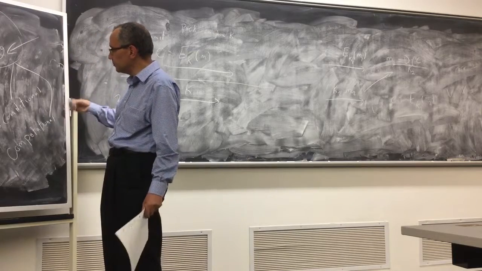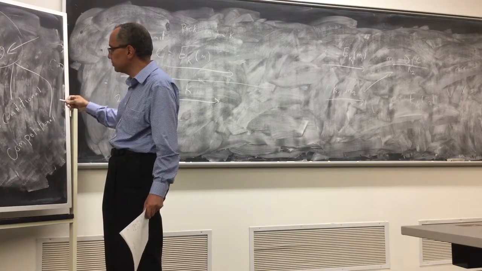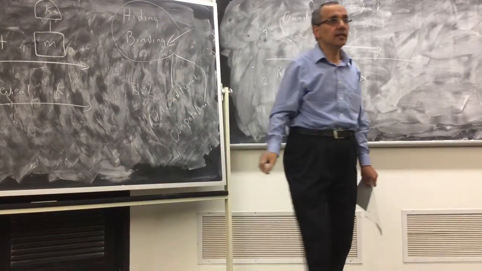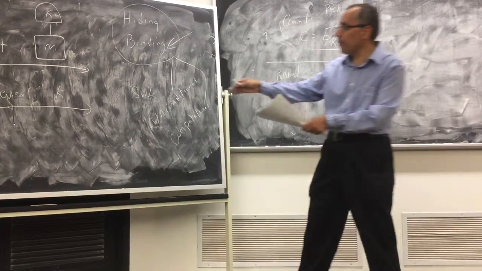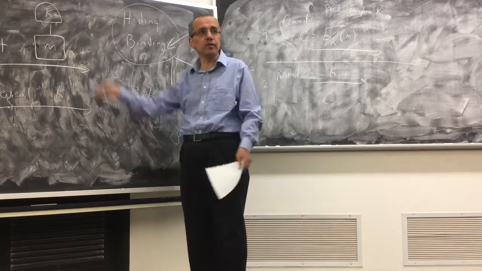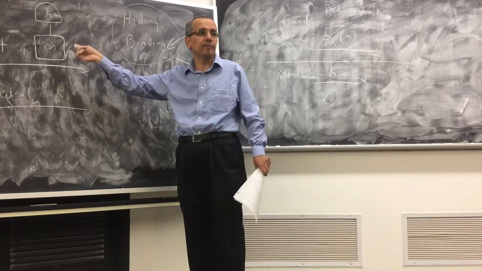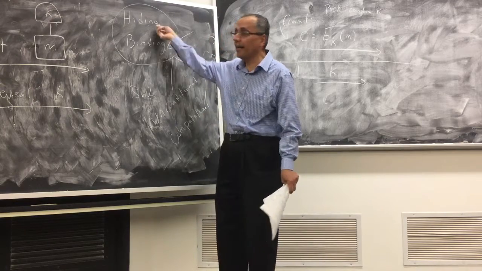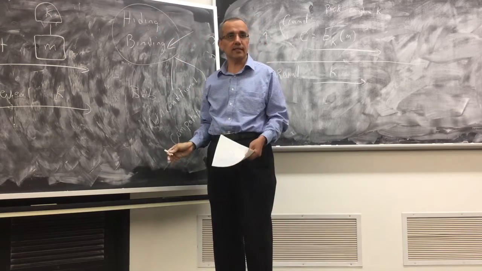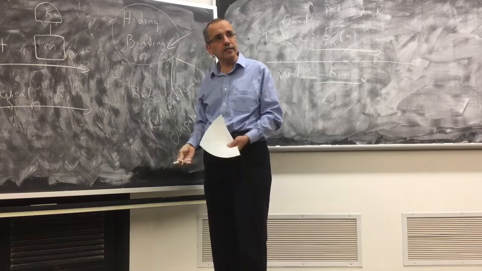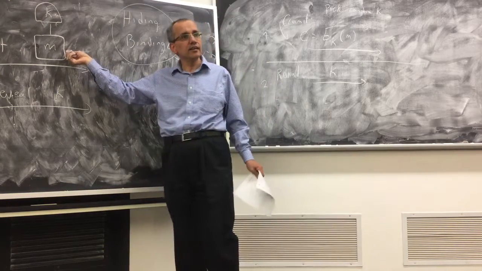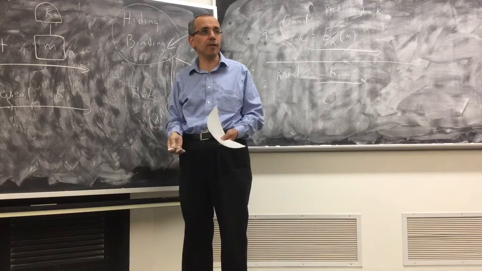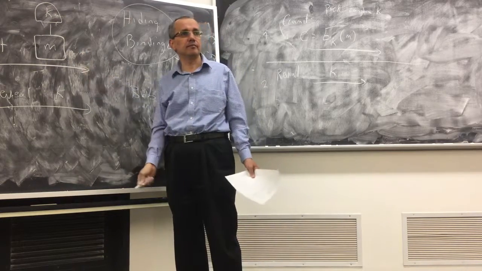If I'm saying that this commitment scheme satisfies the unconditional hiding property, it means that no matter how powerful this guy is, he will not be able to reveal any information about M. If it satisfies computational hiding, it means that if he is computationally bounded, he will not be able to reveal information about M. But if he has no limitation on his computational power, he can reveal M.